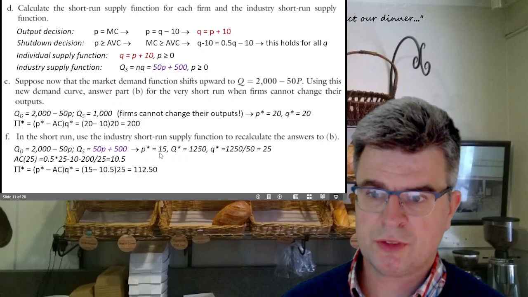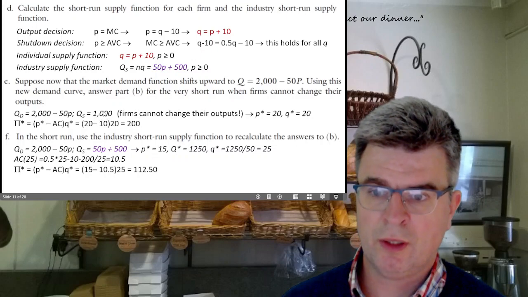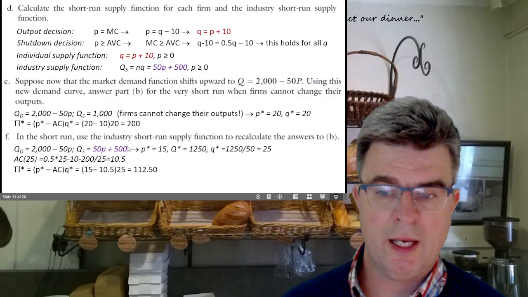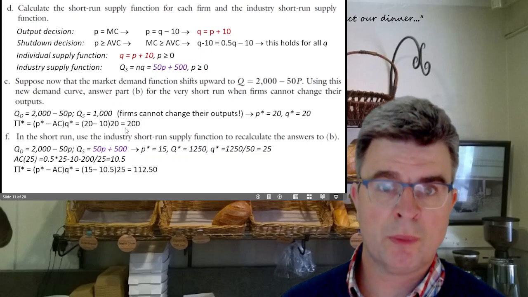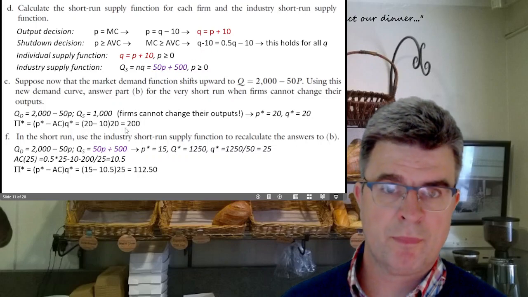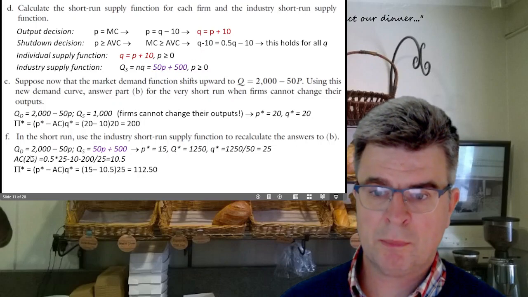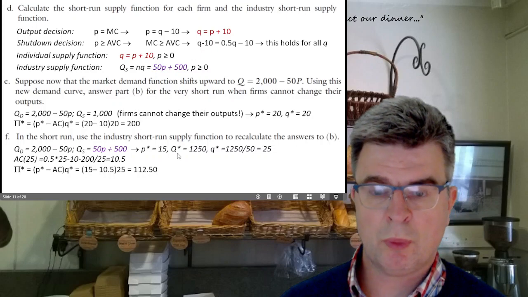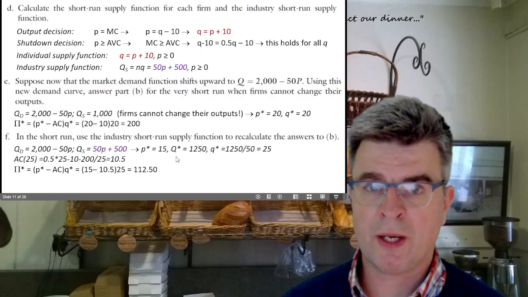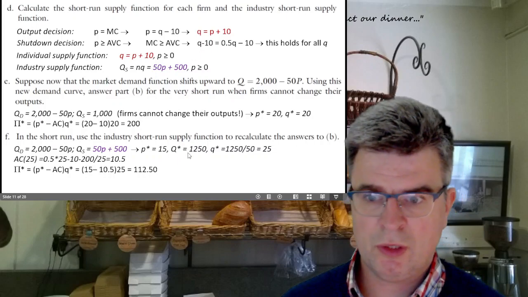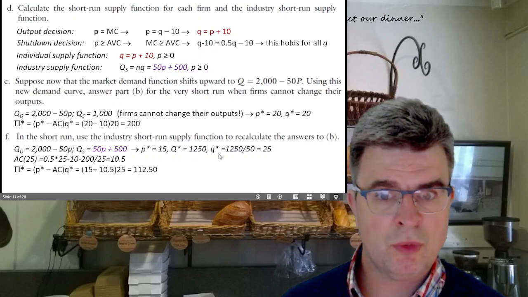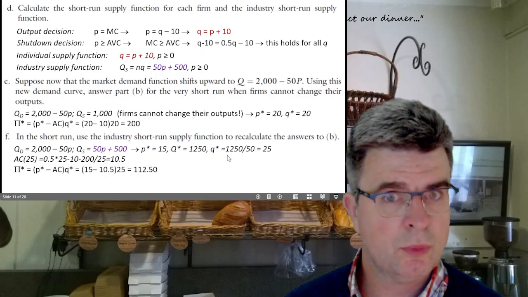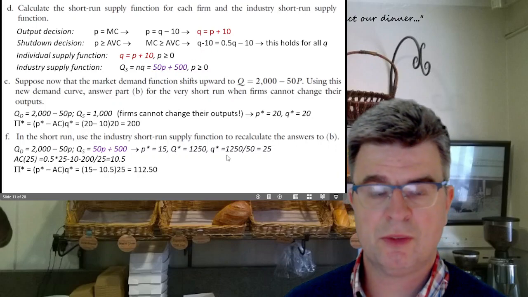So the big difference is that in the very short run, supply needs to be 1000. In the short run, each firm will adjust its output depending on the market price. The equilibrium market price is 15. Total quantity produced by the 50 firms that are active in the industry is 1250, and each individual firm will not supply 20 units, but now supply 25 units because the price has increased.